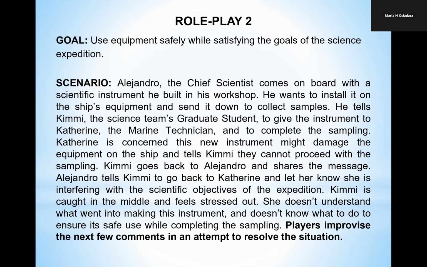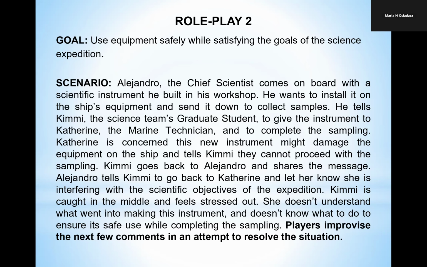Advise for future, we should have this discussion on this instrument before the first sampling. And so Catherine, ideally, would go back to the chief scientist, and not necessarily burden Kimmy with that. Yeah, because Kimmy is kind of in the middle, feeling stressed out, right? Okay.